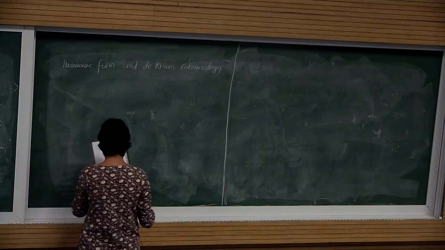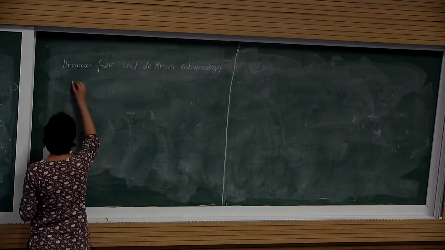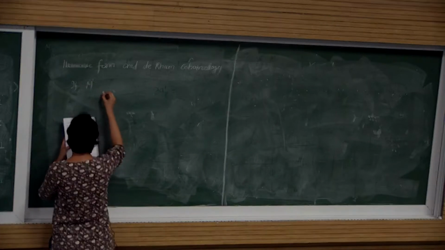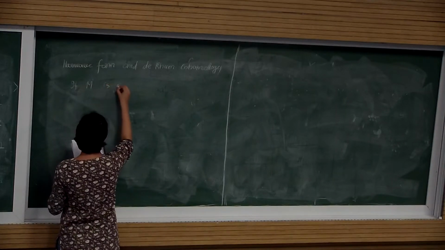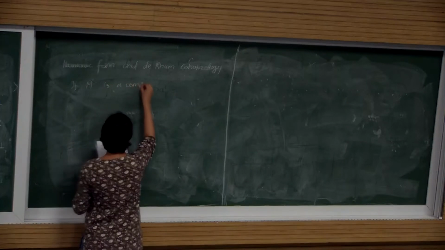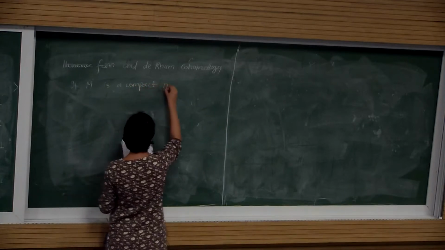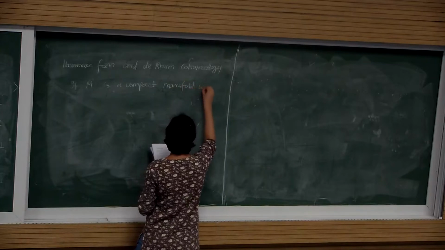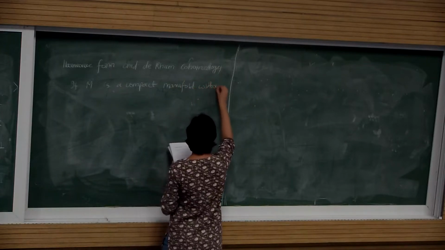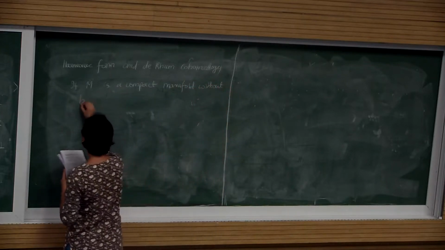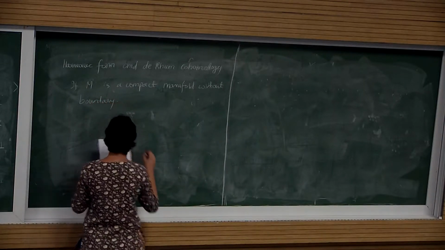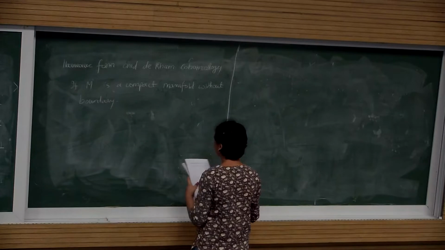So let's take M, which is a manifold, a compact manifold without boundary. Then only we can do the Hodge decomposition.